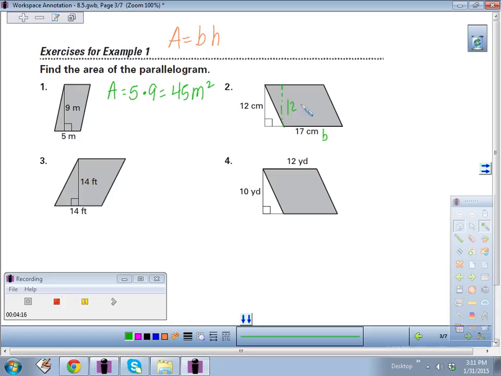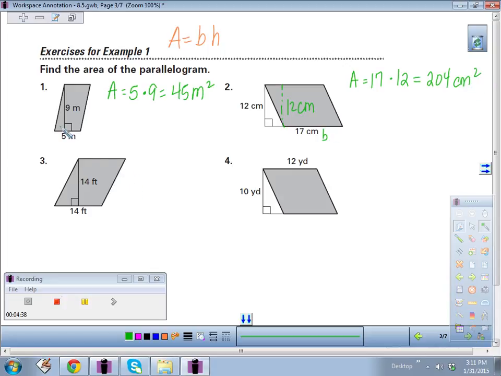It still would be 12 centimeters. So don't let that throw you off, but remember the height is always that perpendicular distance from the base. So it should always form a right angle with the base. So area equals 17 times 12, which gives me 204, and the units would be square centimeters.